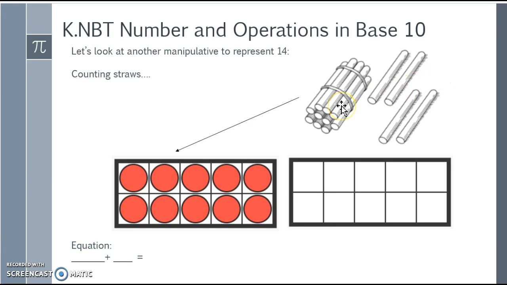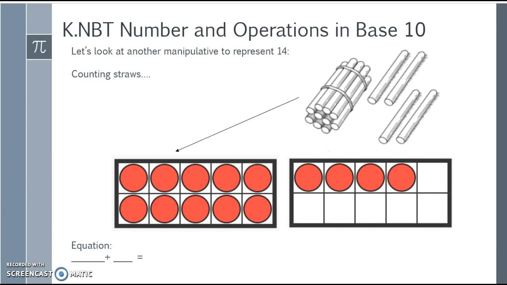So I have one group of 10, which is the same as having 10 counters in my 10 frame. And then I would need to grab 1, 2, 3, 4 more counters to put into another 10 frame to represent 14. And then I can make my equation: 10 plus 4 is 14.